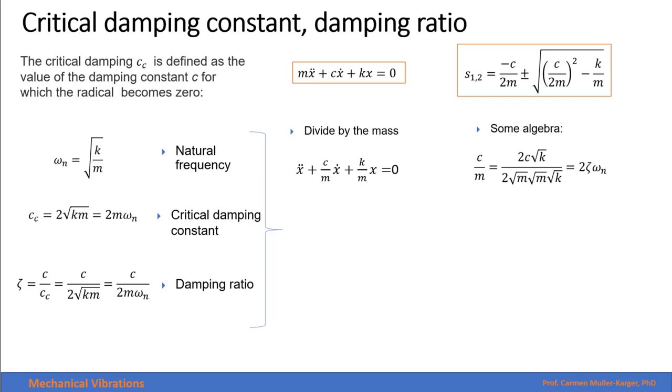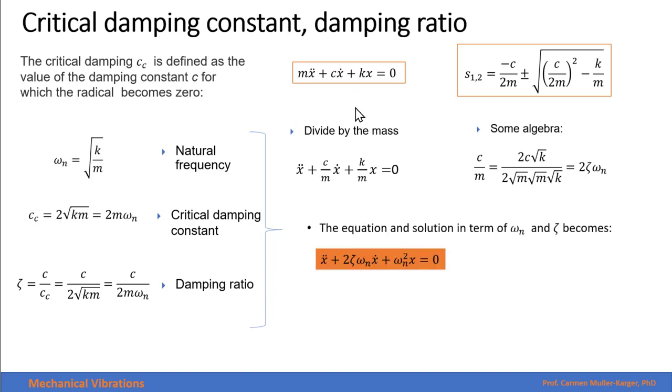Now, let's try to get our equation of motion in a form that will include the damping ratio and the natural frequency. So I will divide all the equation by the mass, and if I manipulate that ratio a little bit, I can say that the ratio between C over m, I can write it in terms of 2 zeta, being the damping ratio, times omega n.